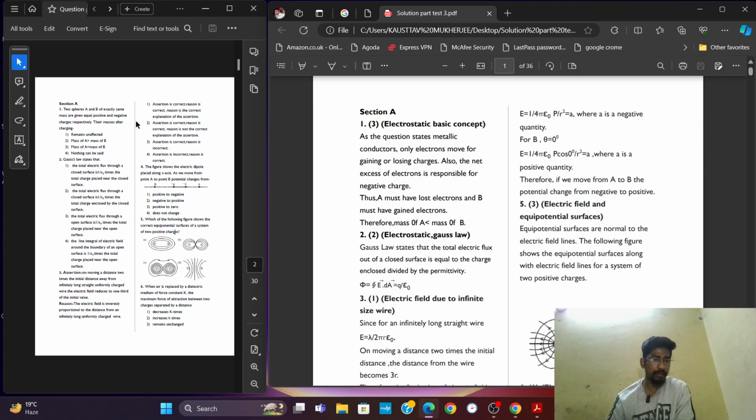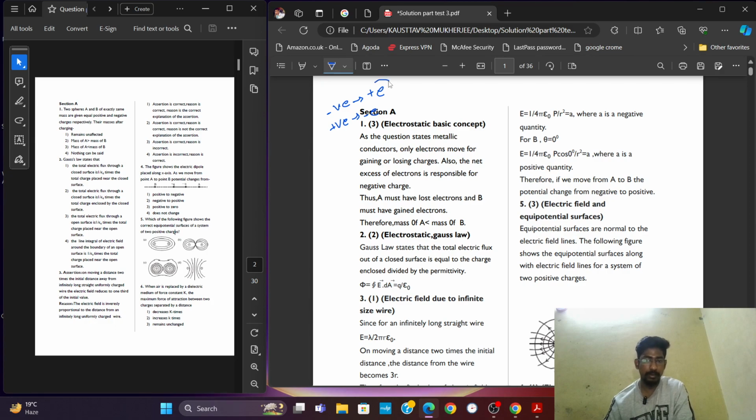One is negatively charged, another one is positively charged. Negative charge means gain of electrons. Positive charge means there is an elimination of a certain amount of electrons.